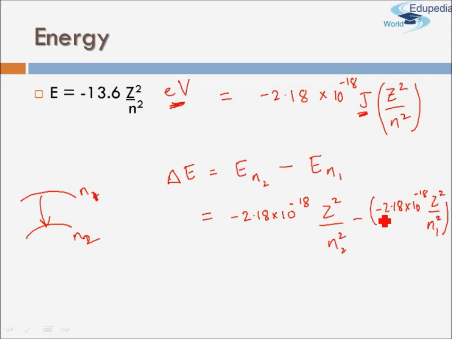Minus minus becomes plus, and this is again a negative sign. Or you can take the whole minus 2.18 into 10 to the power minus 18 outside, and similarly Z square is common, so you can take it outside too. Remember, Z is the atomic number of the atom for which you are doing the calculations.